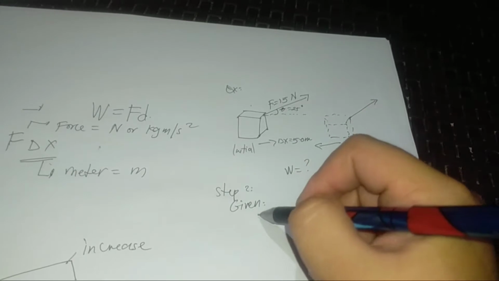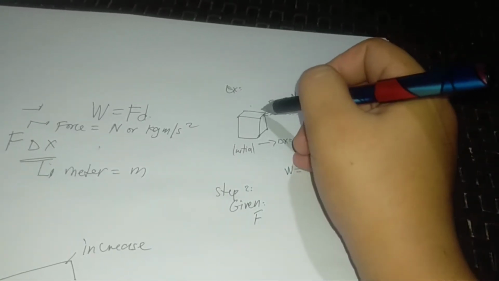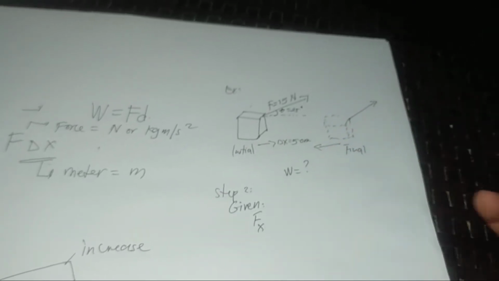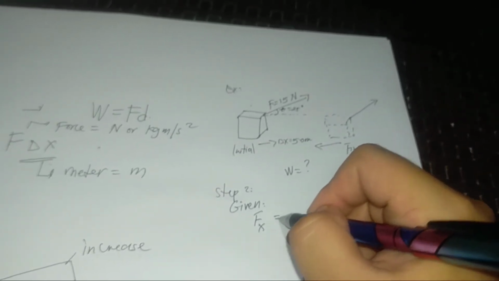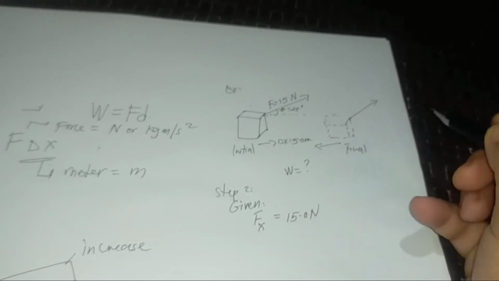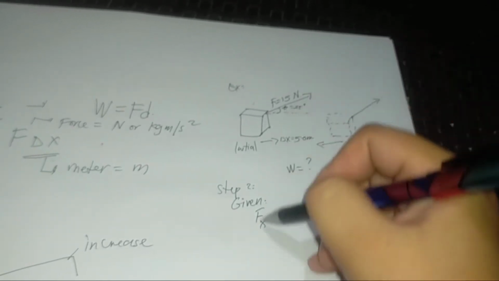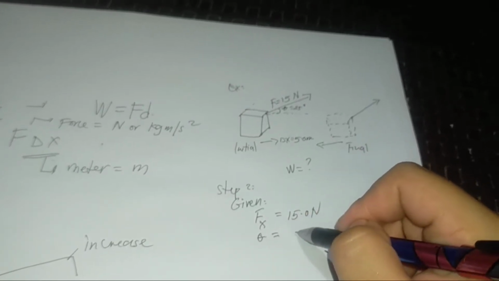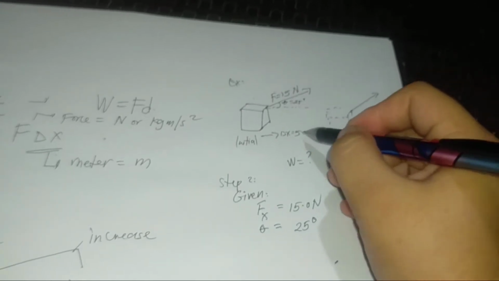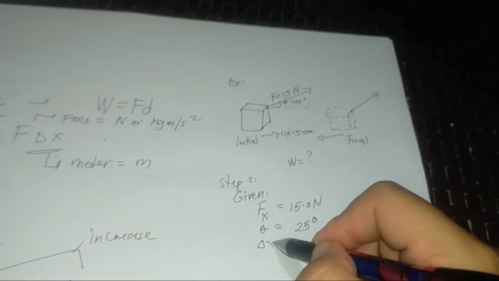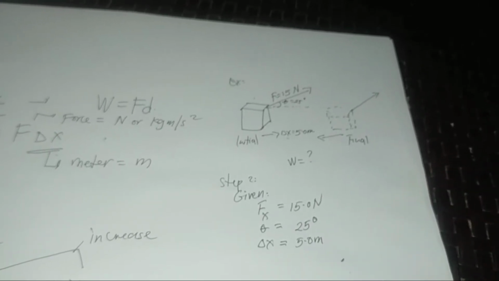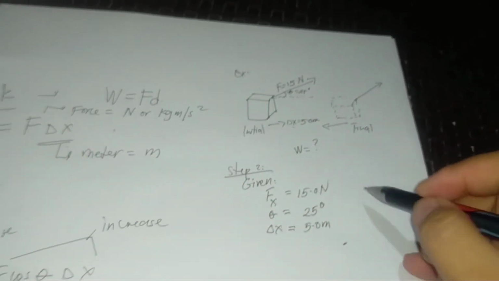We have here F, and since I pull the box, I will use Fx. So the applied force is 15.0 Newton. Next, we also have the angle, which is 25 degrees. And again, the change in position, or delta X, is 5.0 meters.